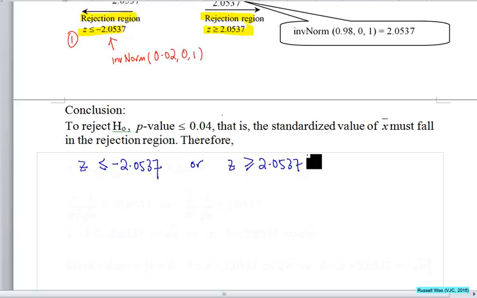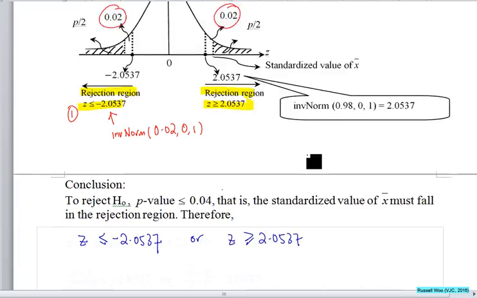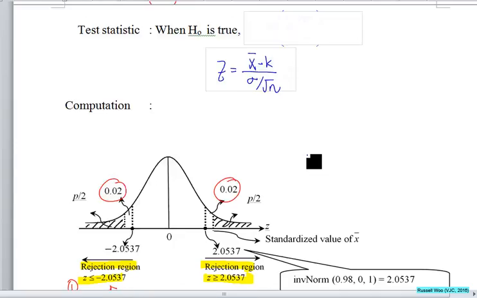You find it from your X bar, the sample mean. That's why I emphasize you must write your test statistic here. The big Z random variable is the big X bar random variable standardized. So a standardized Z value is gotten from the small X bar.